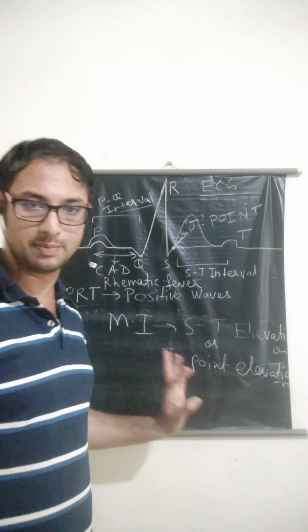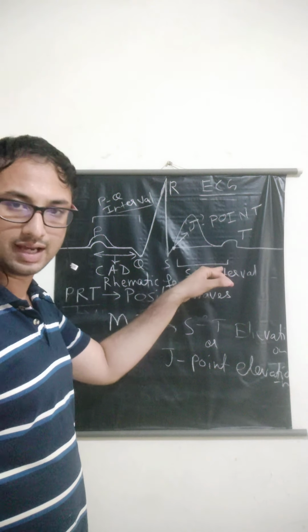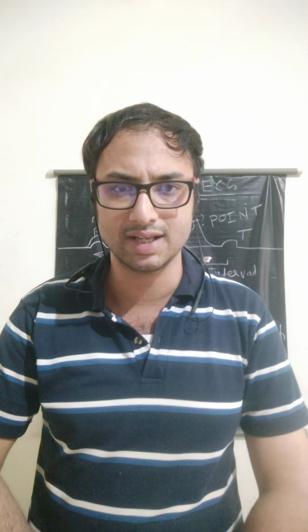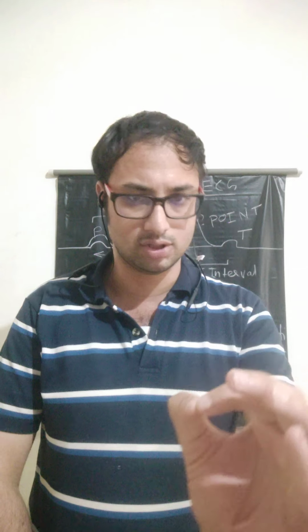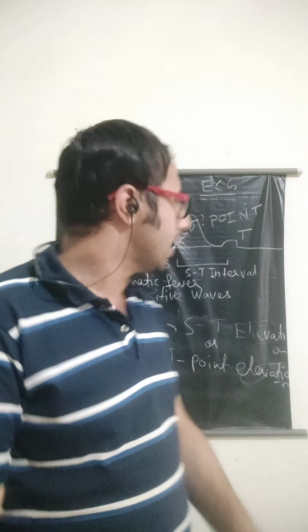This is the J point and it gets elevated. That means the patient is suffering from myocardial infarction, or in common language we can call it coronary myocardial infarction. Clear? And now why is it happening?